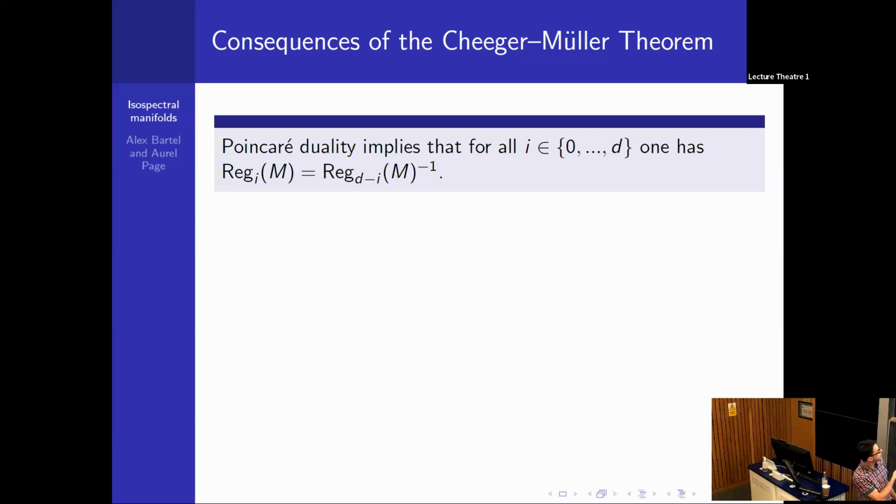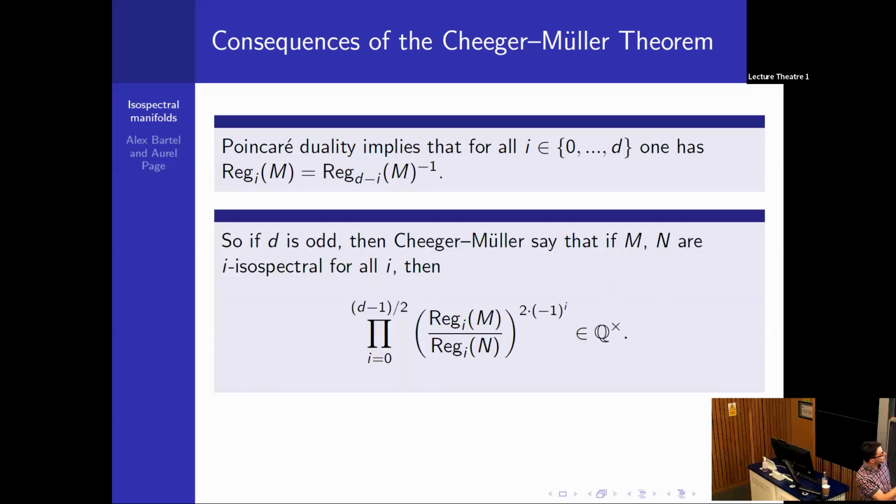So the i-th regulator is the inverse of the (d minus i)-th regulator. And so, let's go back to the Gilkey-Miller formula. Combine it with Poincaré duality, and you find that if d is odd, then the i-th regulators and (d minus i)-th regulators combine together, and you pick up squares.